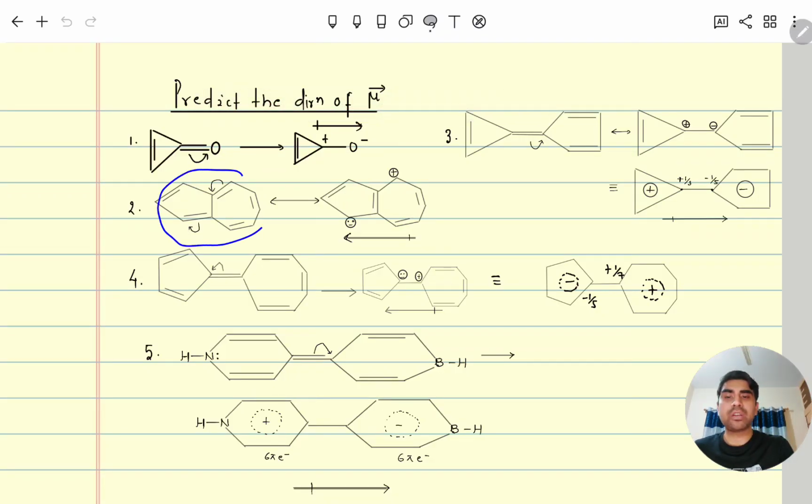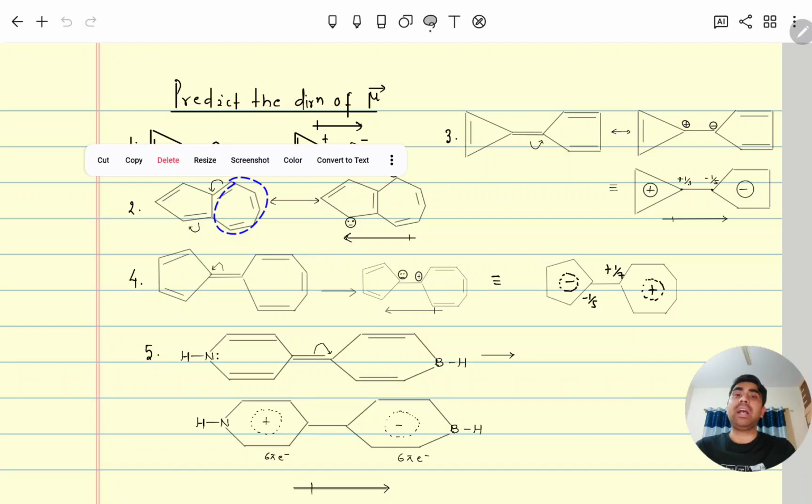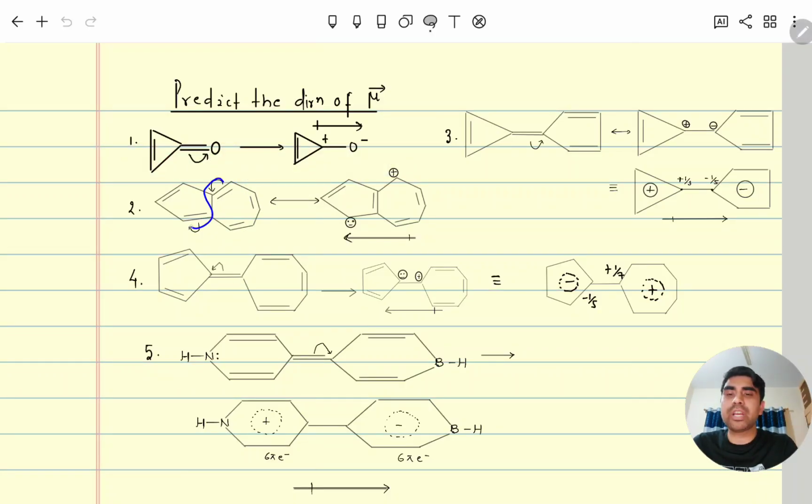Similarly here azulene. So azulene also you have to break in such a manner that both sides, if they are getting aromatic, that is well and good, and that polarization only is more stable, means forming a more stable product, and that direction of dipole moment is valid. So here you can see as it is getting polarized, here positive charge and here negative charge, means this one is becoming 6 pi electron aromatic, and this one is also 6 pi electron aromatic.